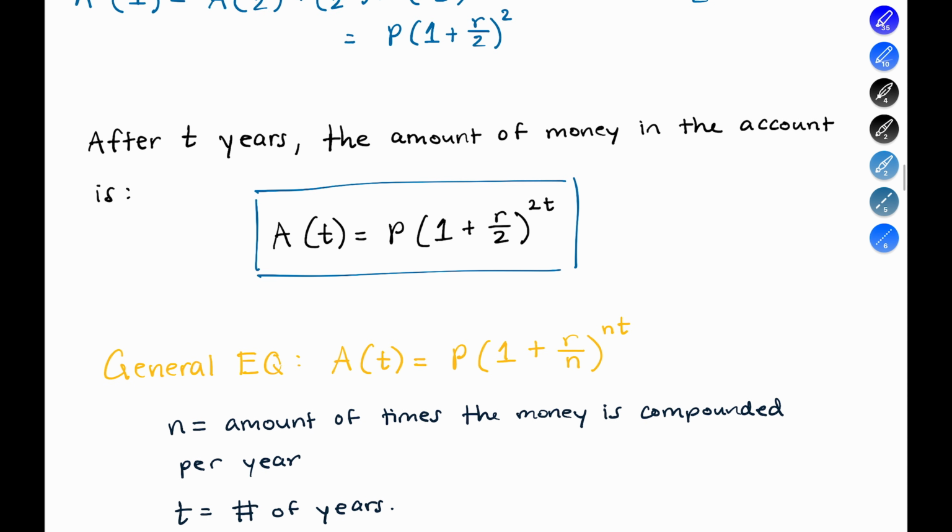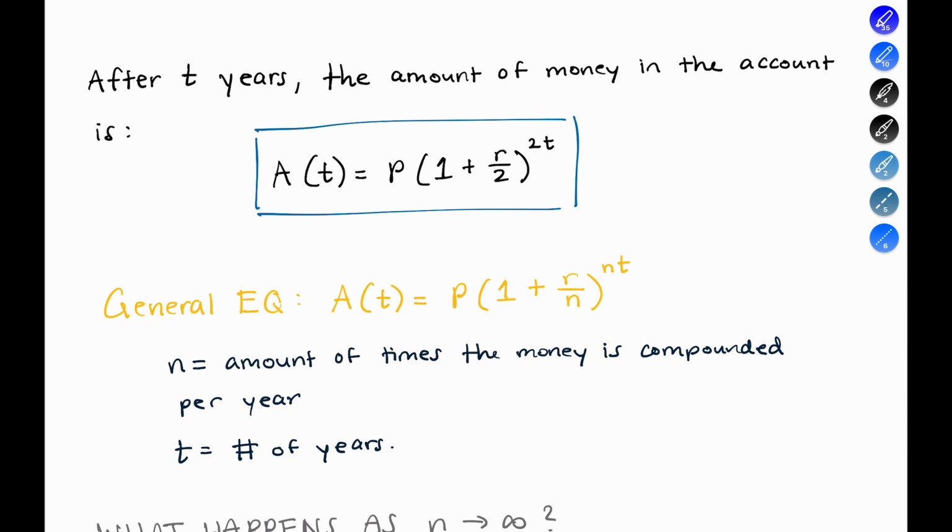So the general equation of this situation is A of t equals P times 1 plus r divided by n, to the power of n times t. In this case, n is the number of times that the money is compounded per year, and t is the number of years, like I said earlier.